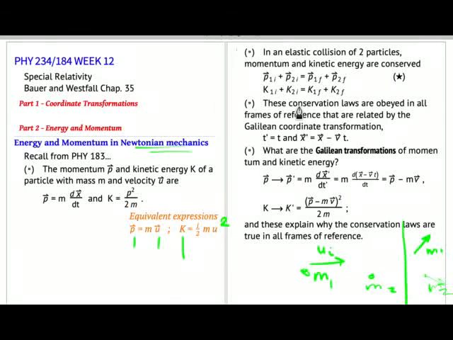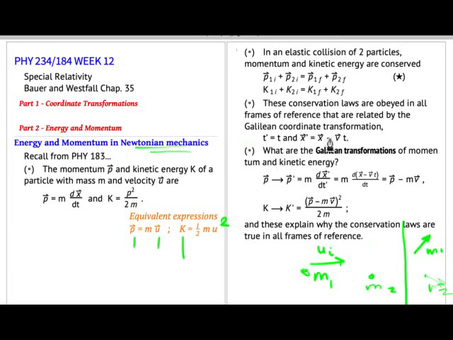And according to the principle of relativity, the laws of physics should be the same in all frames of reference. Now, as a mathematical statement, these two conservation laws are obeyed in all frames of reference that are related by the Galilean coordinate transformation. Namely, for a Galilean transformation, t prime is equal to t, and x prime is x minus vt.